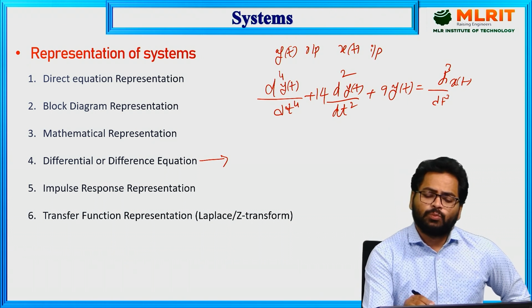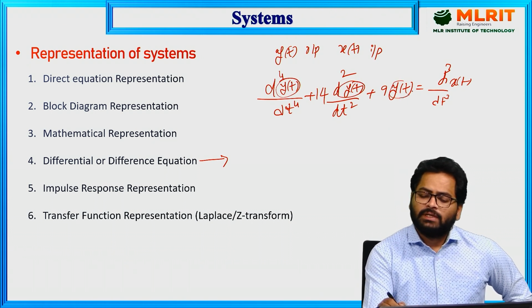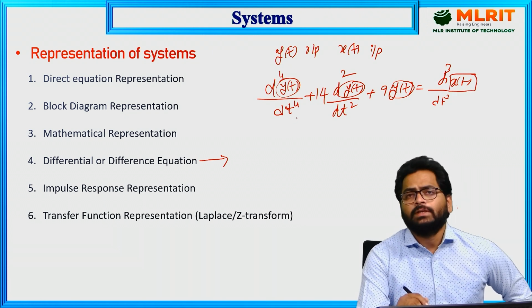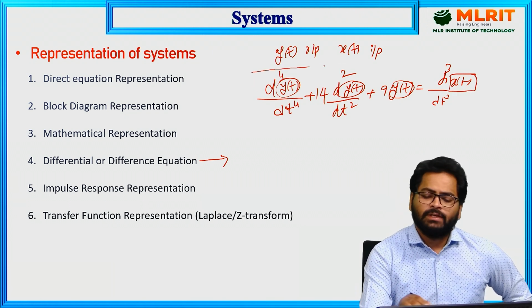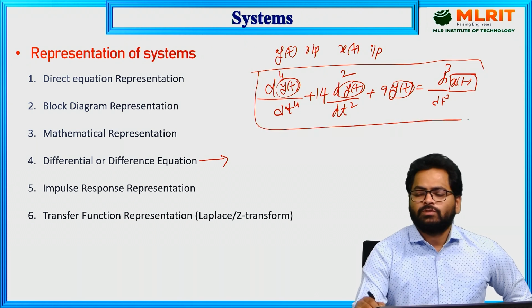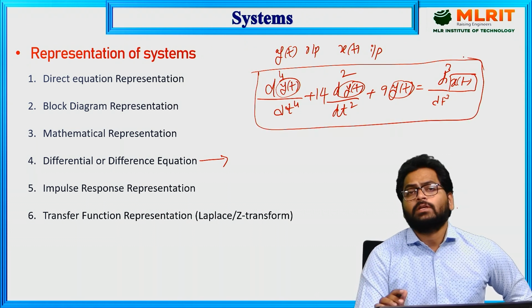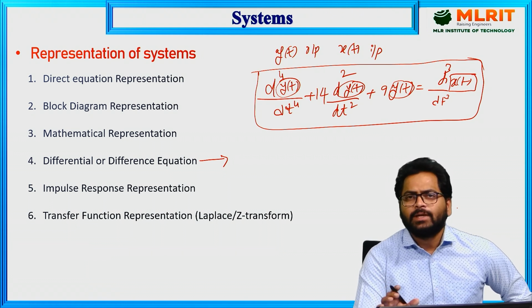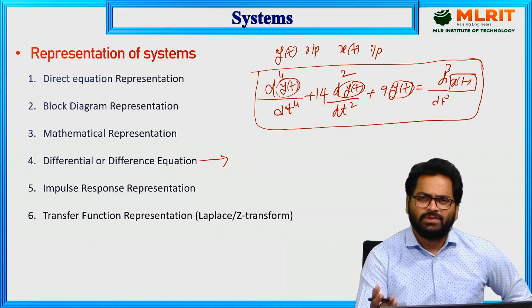So the output Y of t and input X of t are interrelated in terms of differential equations, and that's why we call it a differential equation representation. If you represent any system definition in terms of a differential equation, that is called the differential equation representation.